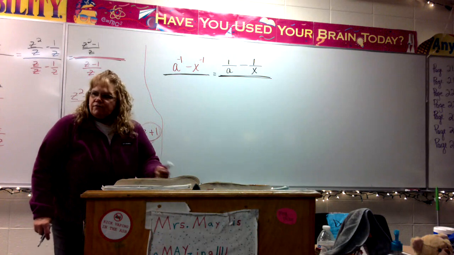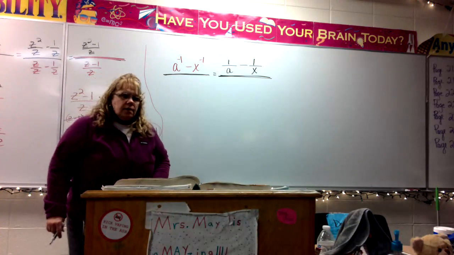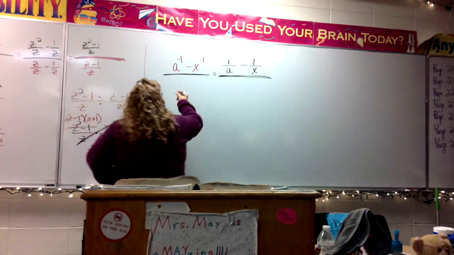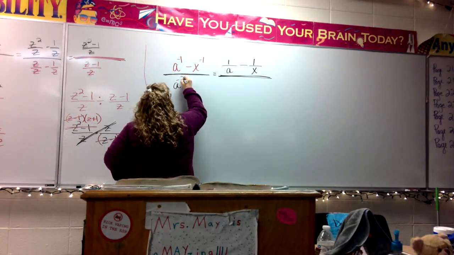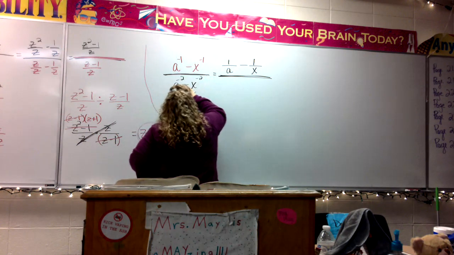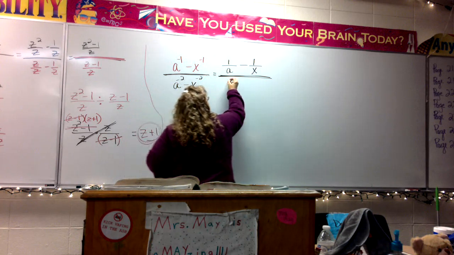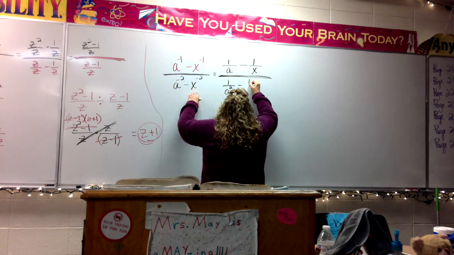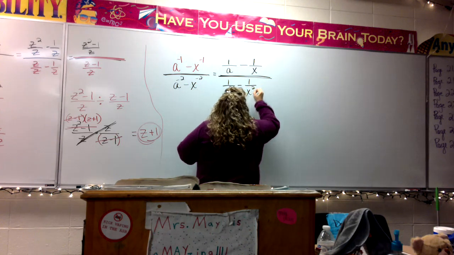Is that a good enough reason? And same thing, that denominator was this. Same thing applies. I want you to forget about the top. This is 1 over a squared. And that 1 over x squared.